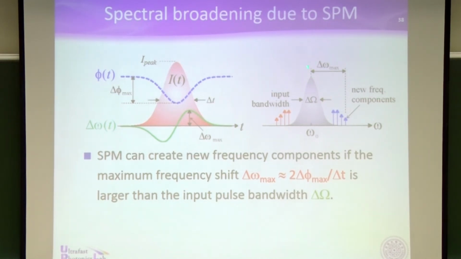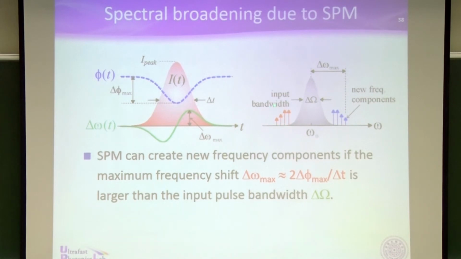This is your carrier frequency, omega 0, right? And according to the green curve, we know the maximum frequency shift is delta omega max. If this is bigger than your bandwidth, it could be here, outside of your original spectrum. Correct? And for the same reason, you can create low frequency components as well.